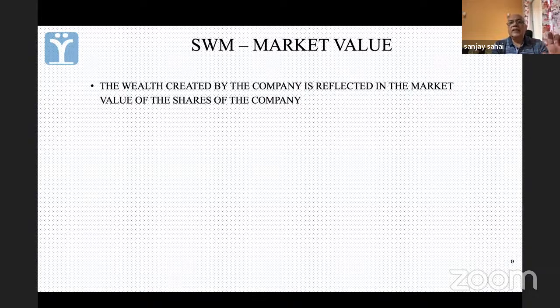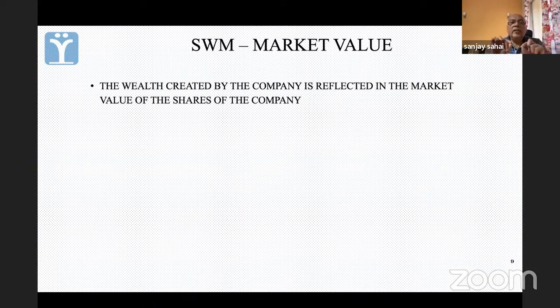Now, the point here is that as the number of sellers and buyers keep hitting the market, at the end of the day, you find that it is a result of the thousands and thousands of investors who are making their own individual decisions. And this is why the share market is unpredictable.